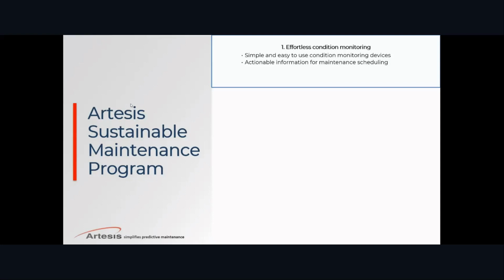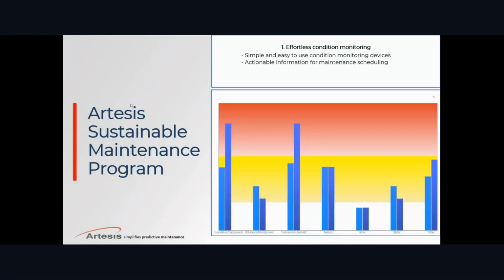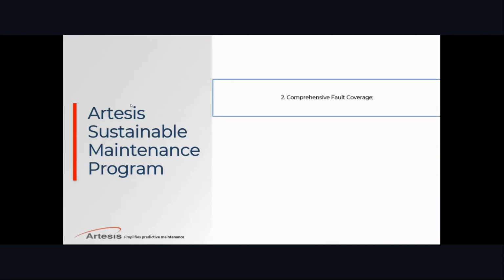First of all, the goal of this technology is to simplify condition monitoring and provide the users actionable information, thereby eliminating the need for detailed data analysis, so much of the data analysis is being handled by the software. As you can see here, you get the bar graph representation of different faults, which we will elaborate on later.